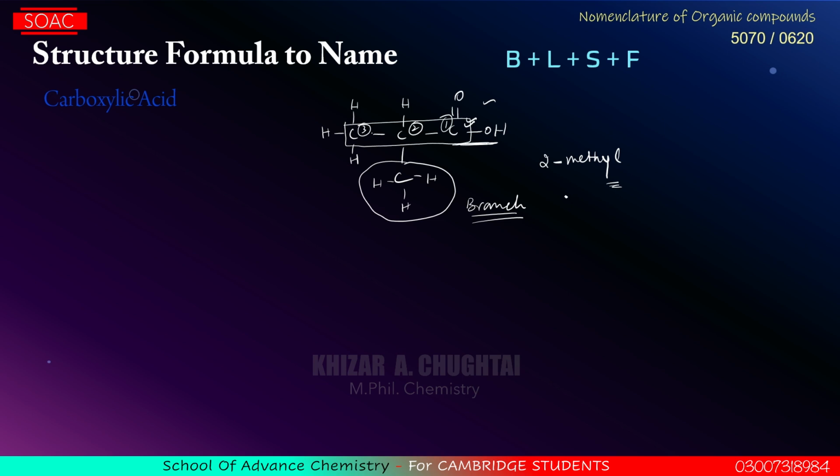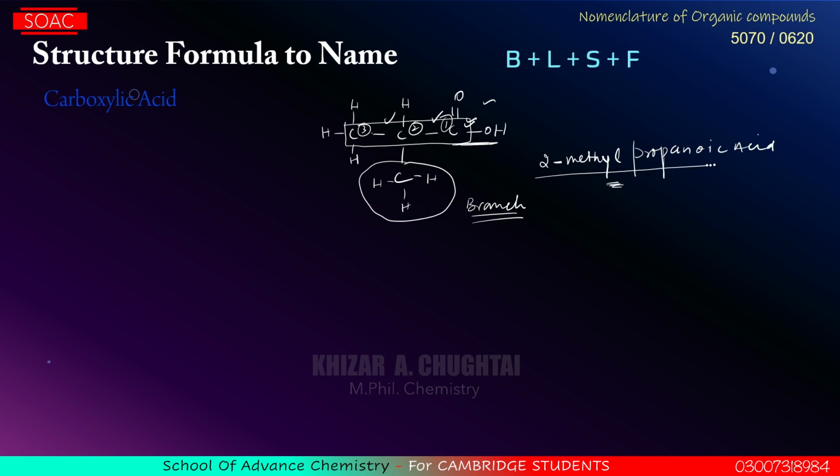Any alkyl, I mean, if you have a 1 carbon alkane side chain, side branch, or a 2 carbon side branch, their ending word will be YL. 2-methyl, and overall 3 carbons are over here. So 3 carbons names start from prop, and carbons are single bonds, so ane without E, and I'm going to write OIC acid.